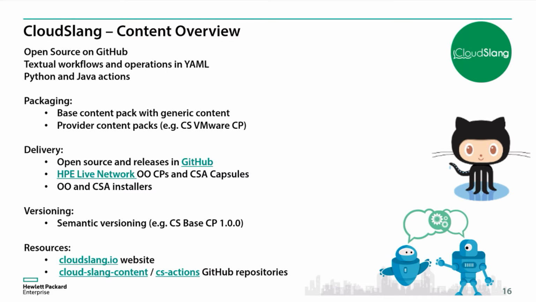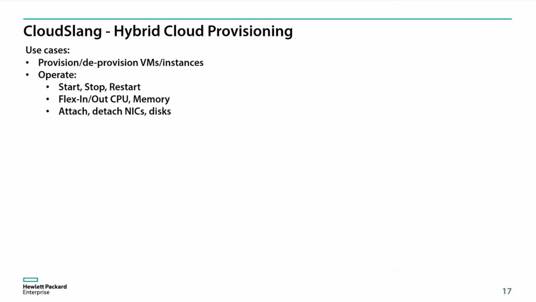A few resources that could get you started in understanding what we have in terms of the content. Now, in terms of hybrid cloud provisioning, because we'll eventually reach Amazon and Azure for the demo today, I wanted to say that in general, we try to solve several use cases, like provision and deprovision of VMs or instances.